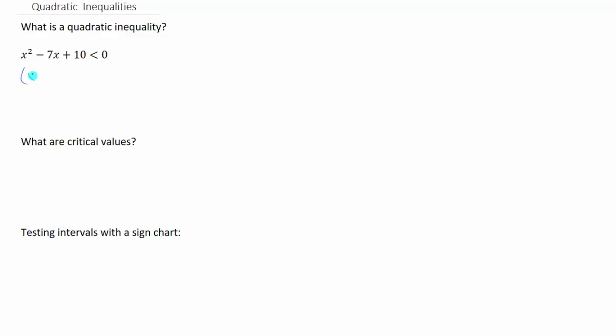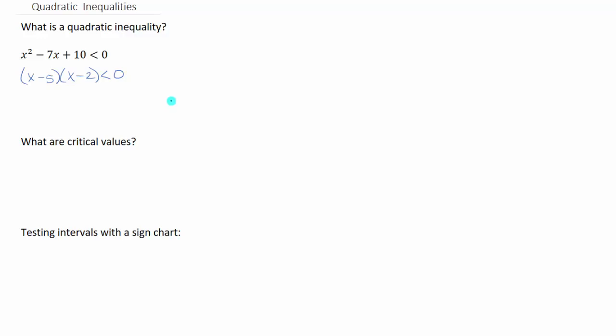So there are some similarities. We could go ahead and make this into factors of x minus 5 and x minus 2 less than 0, but that's where the similarities would stop. We can't say that because this times this is less than 0, this is less than 0 or this is less than 0.